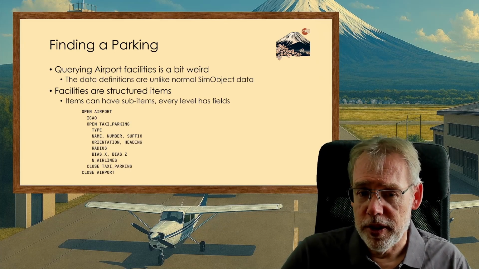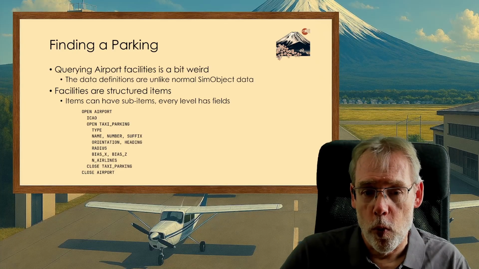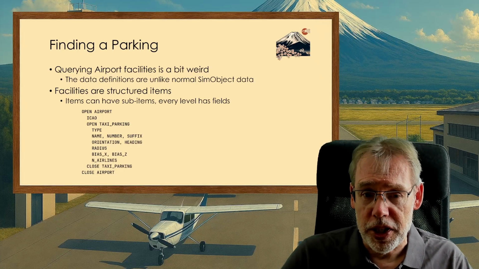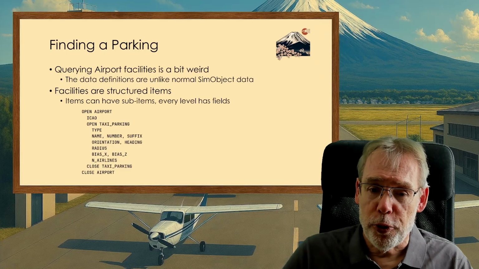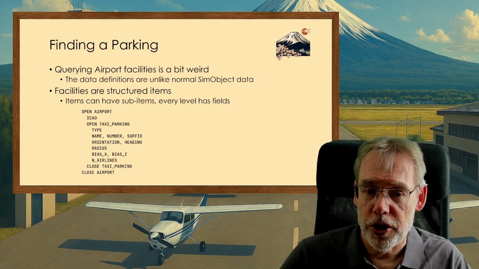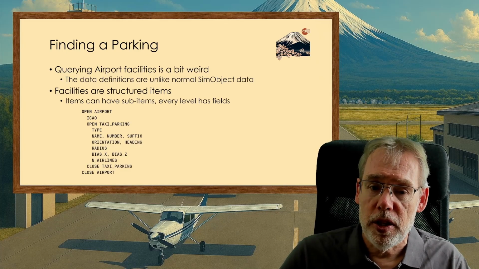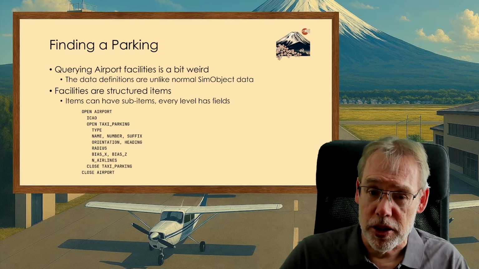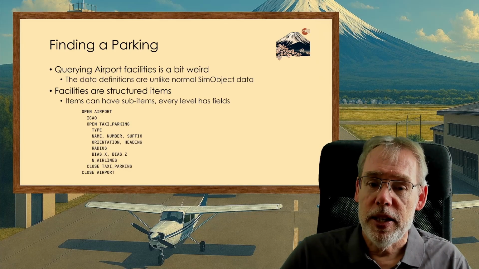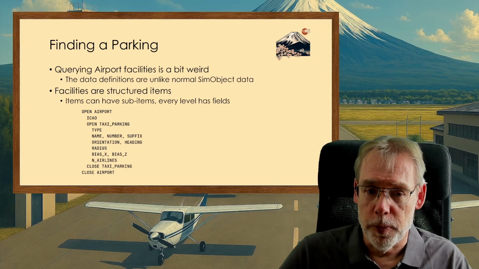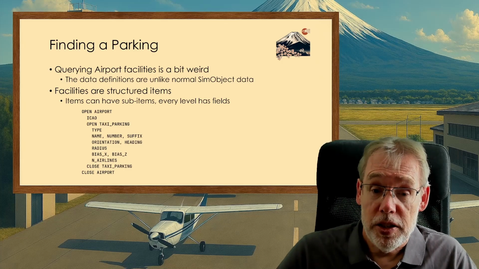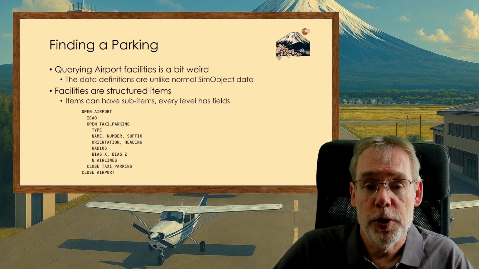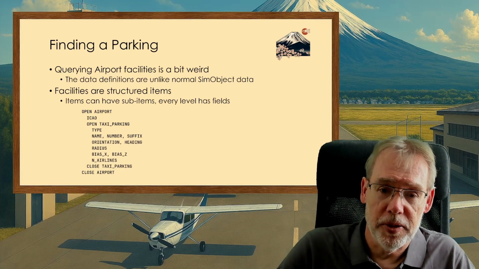And of course, this looks like we have one parking, but no, what you actually will receive is data first specifying here comes an airport. It will receive a unique ID in the set of answers. And then the next message that comes is here is a taxi parking, and it is a subfield of, and then specifying the ID of the airport.